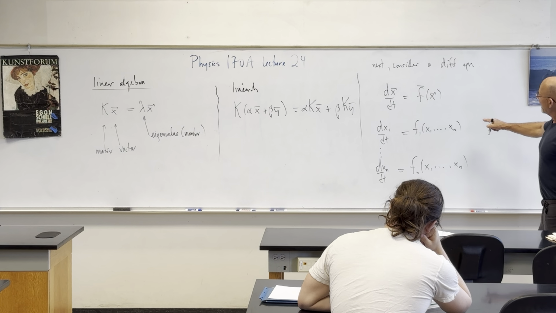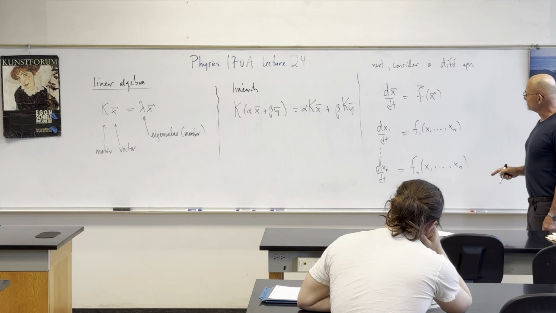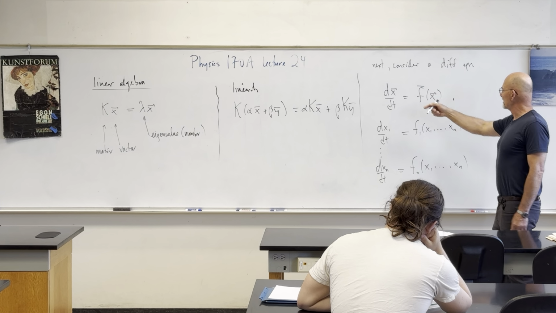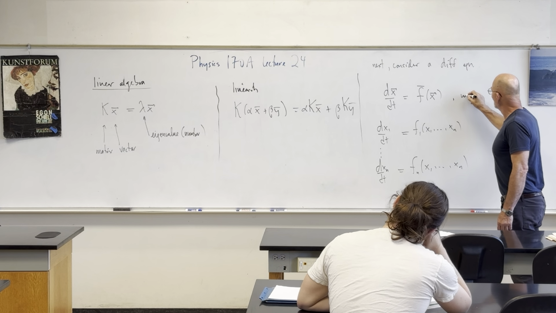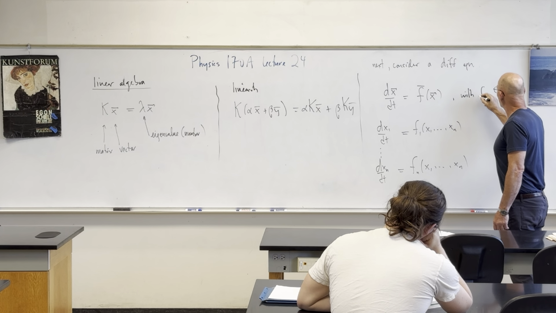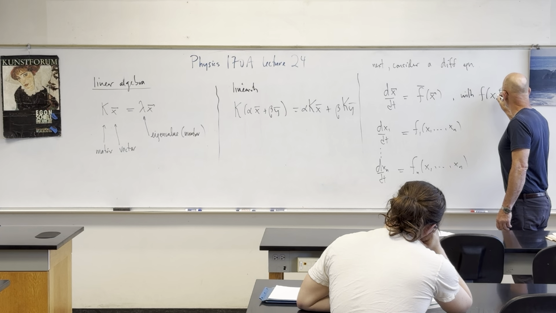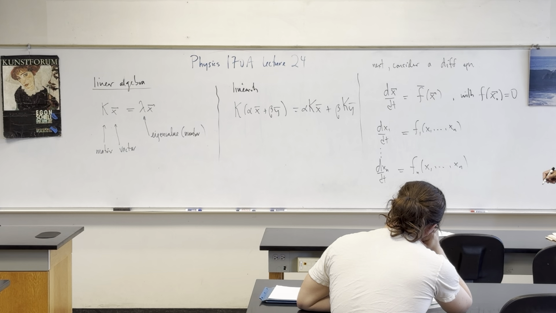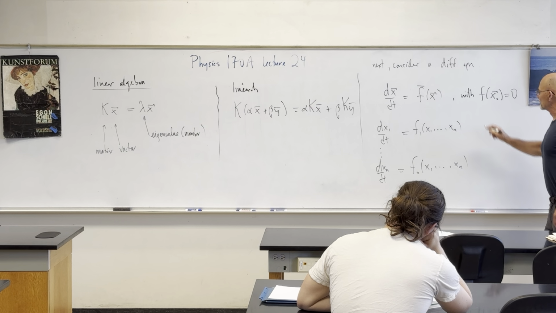What we're going to look at is the situation where, I'll put this here under these conditions, with f of x0 equals 0, which will allow for a systematic treatment.